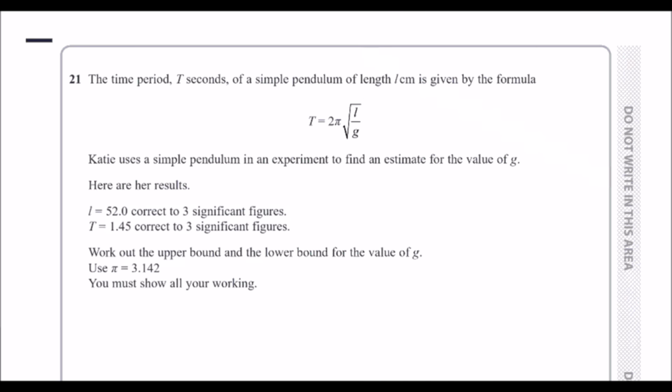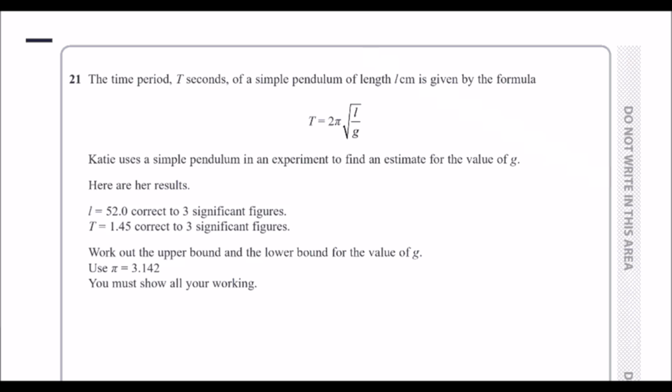Question 21. The time period t seconds of a simple pendulum of length L centimeters is given by the formula t equals 2 pi times the square root of L over G. KT uses a simple pendulum in an experiment to find an estimate for the value of G. Here are her results.